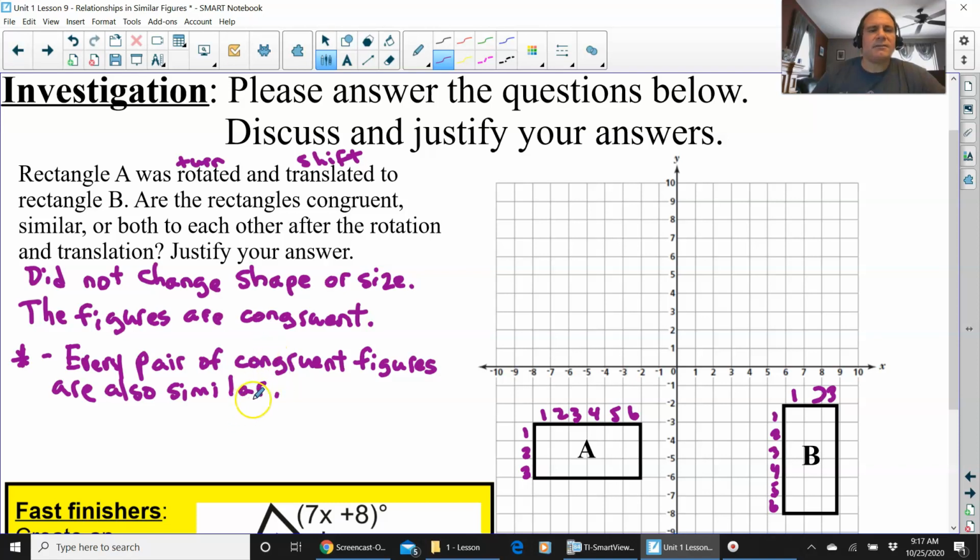All right, please write that down. Make sure you know that every pair of congruent figures are also similar.